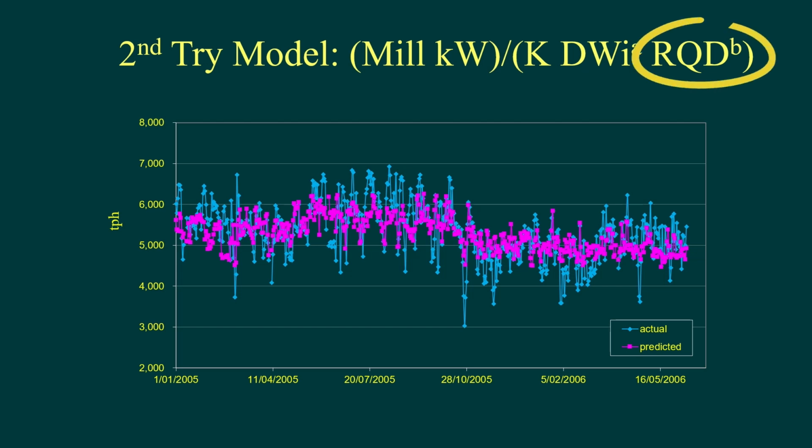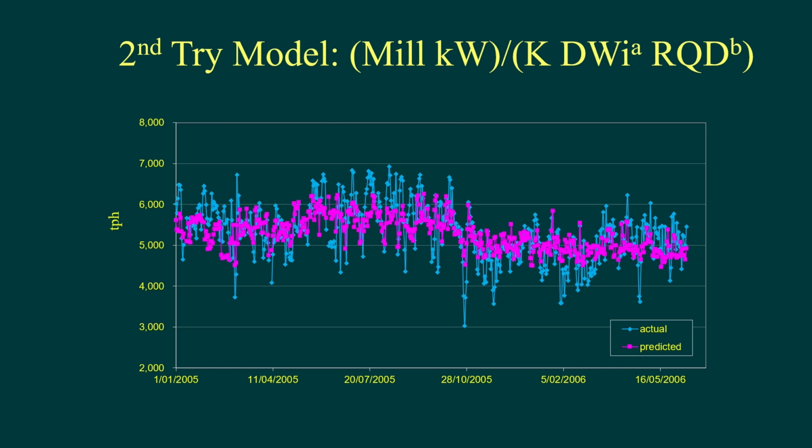As I said before, RQD is an indication of the structure of the rock, and what was very noticeable was that for this period here there was a distinct change in the RQD. So I reconfigured my equation to now have an RQD term in, and then refitted, and this is what we ended up with.